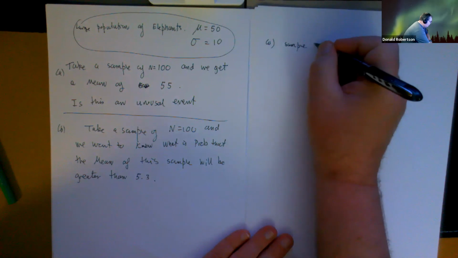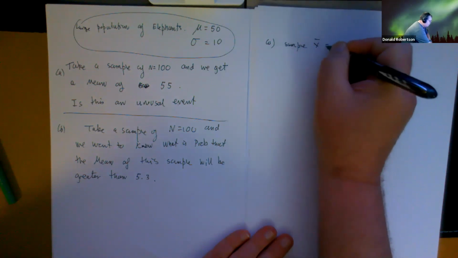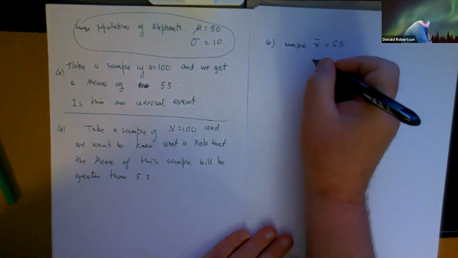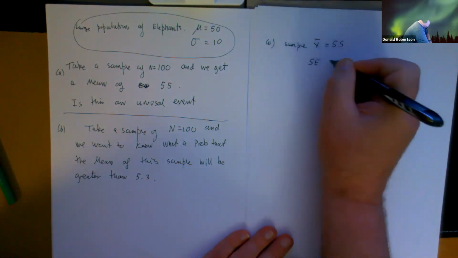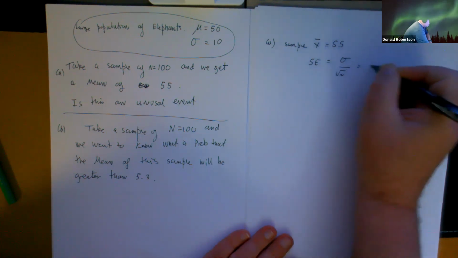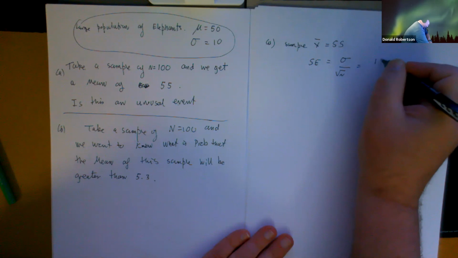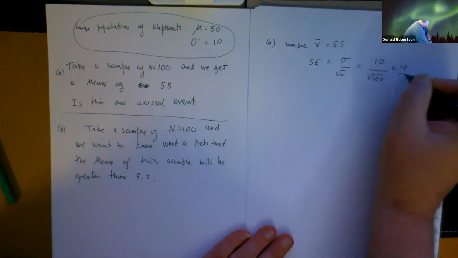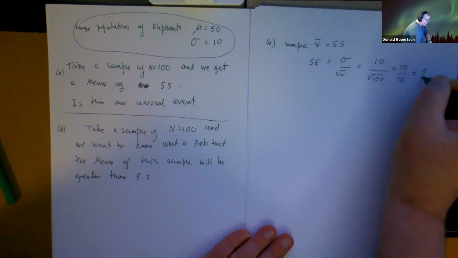The sample mean here is 55. And the standard error is sigma over root n, which in this case is 10 over the square root of 100, which I made really easy for myself, and it ends up being 1.